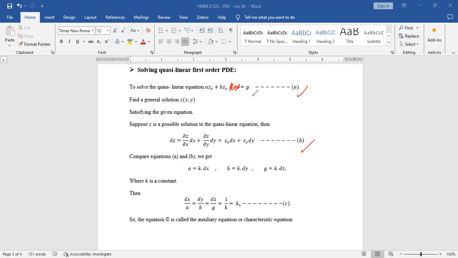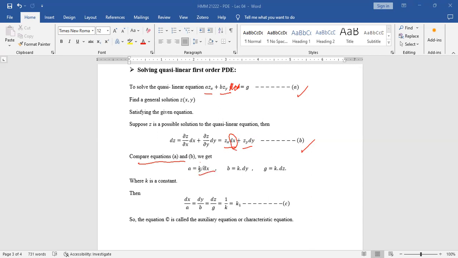So you can see from comparing the equations A and B, this is A zx, here zx dx. This is B zy, this is zy dy. So what can you say? A is a function, no? So I can't write it just like that as dx.